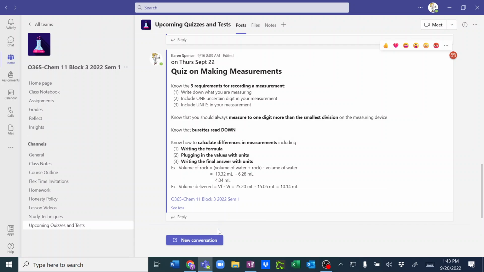Okay, and I should actually add into there the pages from here that you should do for extra review if you want to. Okay? So, plus what you got back, that little buret rating thing, the feedback from that will help you get a good mark on your quiz because it shows you, like, oh, I forgot to go one more place than the smallest division, or oh, I forgot to write my units, or oh, I didn't write my formula when I was calculating the difference, right?